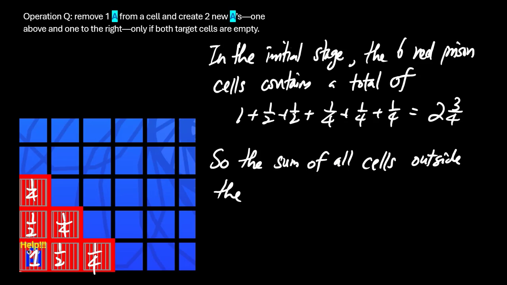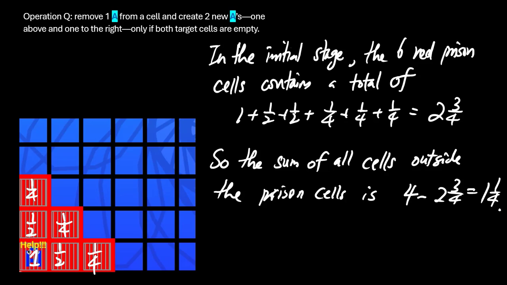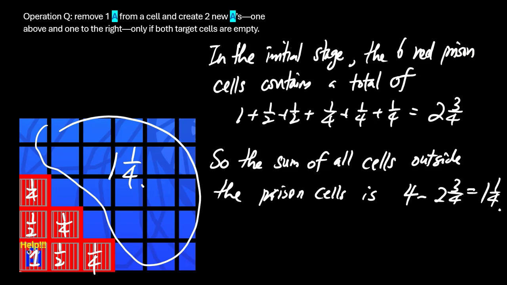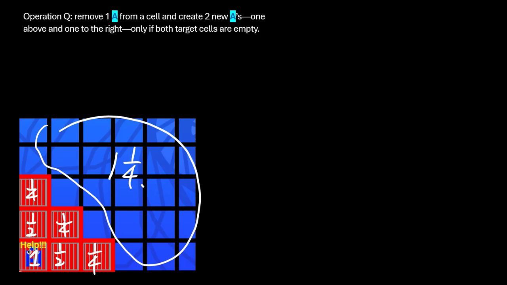So even though the prison area has a combined value of 2.75, only 1 unit of value is actually in use, and that value must remain constant throughout the process. That means the remaining cells, everything outside the prison, can collectively hold at most 1.25 units of value, since 4 minus 2.75 equals 1.25. This is a strict limit on where the new A's can go.